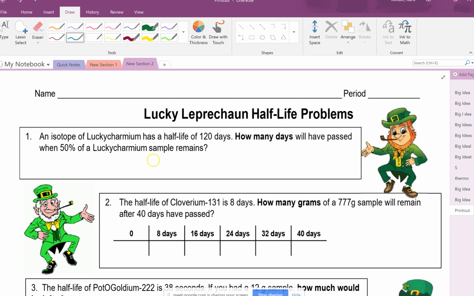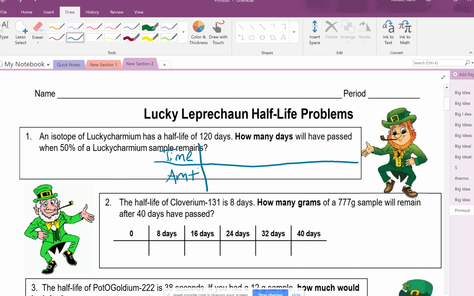The way we work these problems is you set up a little T-chart like this, with two categories: time and amount.